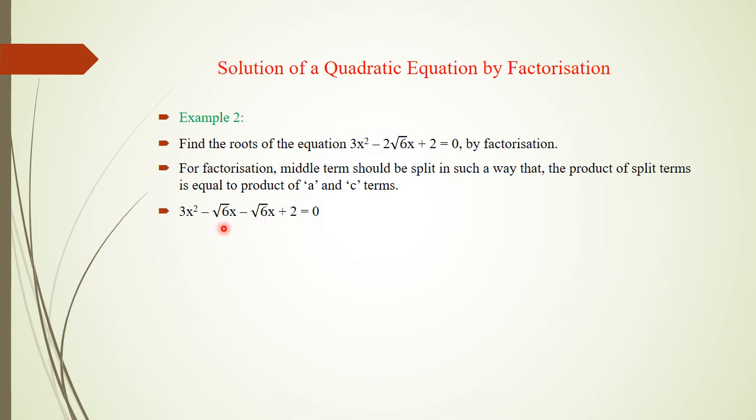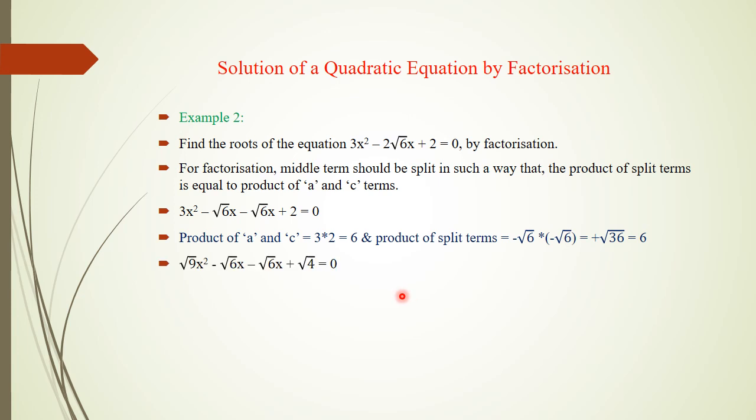When I add these, I'll get minus 2 root 6. The product of these two terms, root 6 into root 6, gives root 36, that is 6, which is equal to the product of a and c, that is 3 into 2 equal to 6. The product of the split terms, minus root 6 into minus root 6, is plus root 36, that is 6 again.